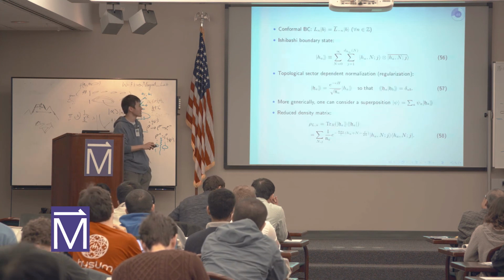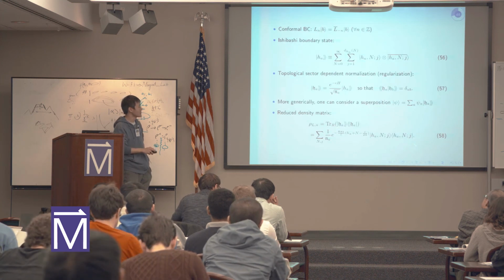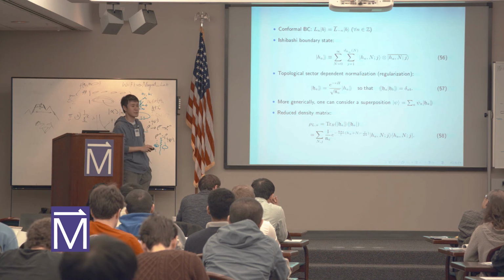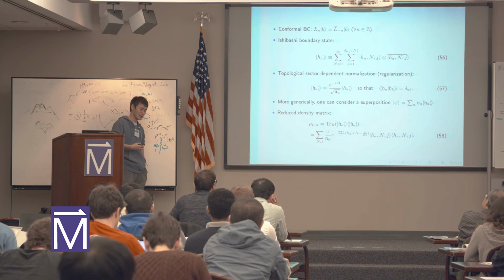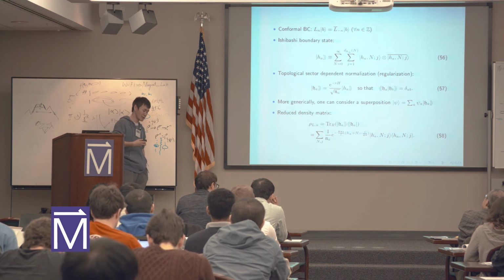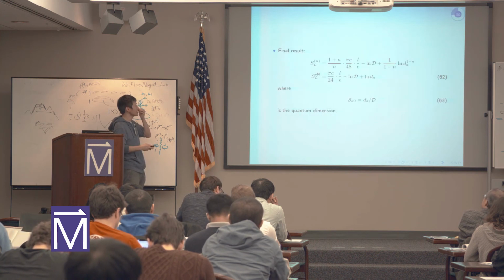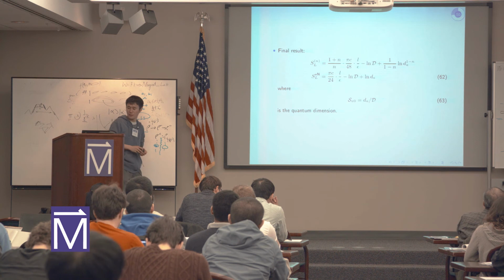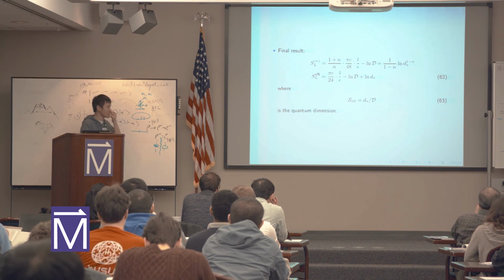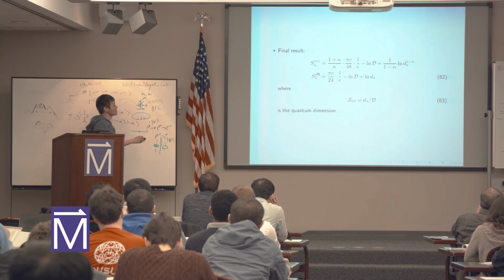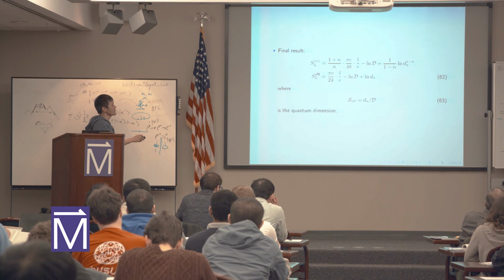But the point is that once we know the explicit form of the reduced density matrix, we can carry out the calculation of computing entanglement entropy. The final result is perhaps something you're already familiar with. Let's look at the von Neumann entropy.